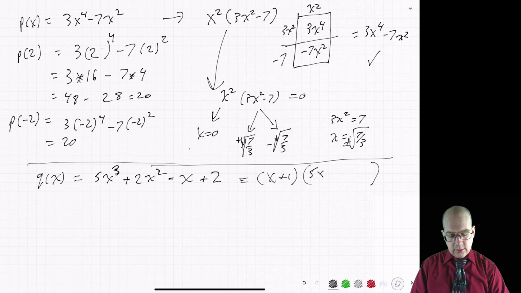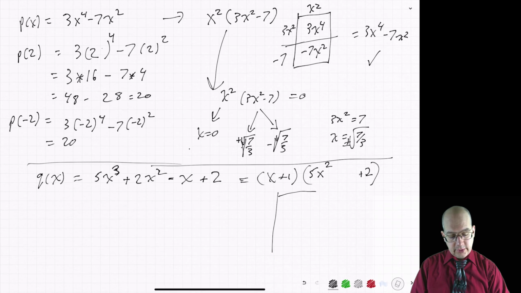Well, I'm going to know that this is 5x squared, and this is going to be 2, because when you multiply these things out, the highest degree term corresponds, and then the no degree term, the 0 degree, goes with that one. And so it's just kind of this middle term that's kind of missing.